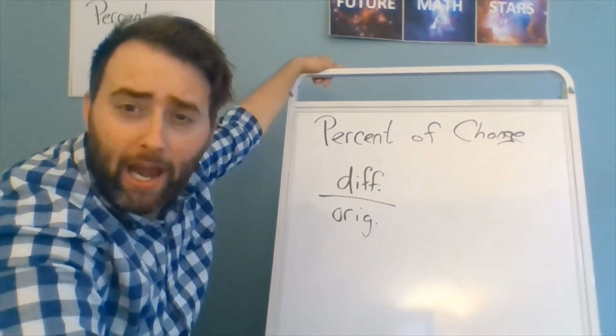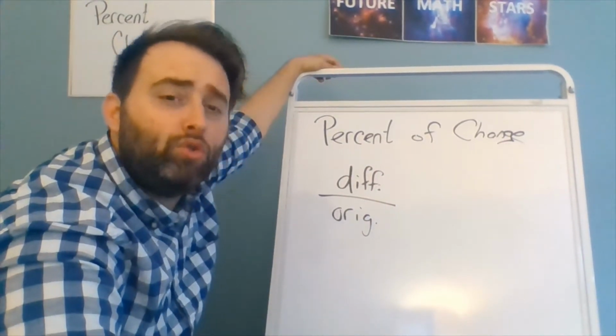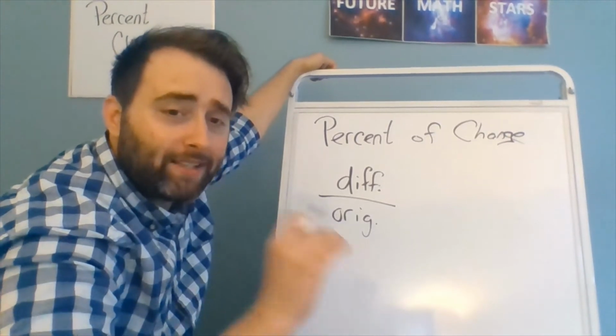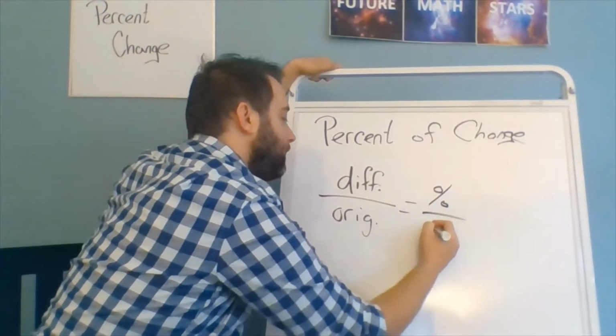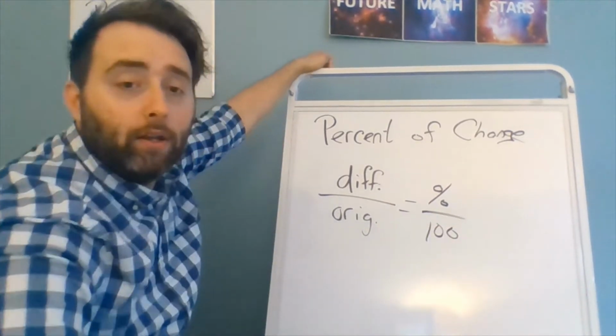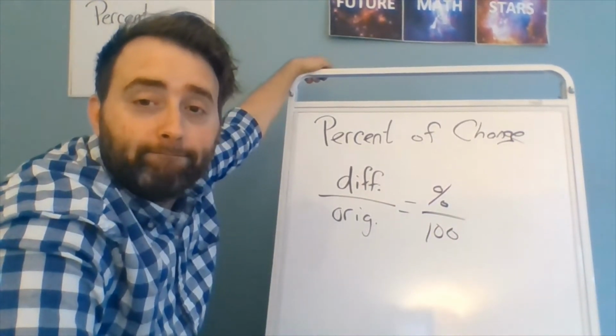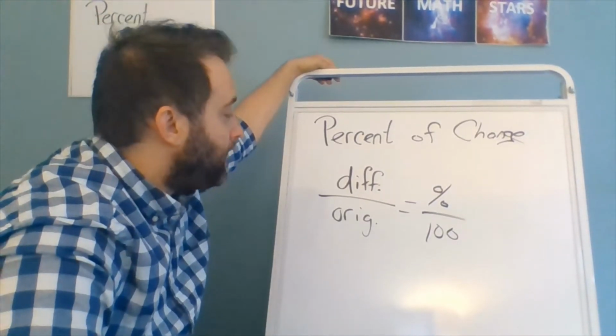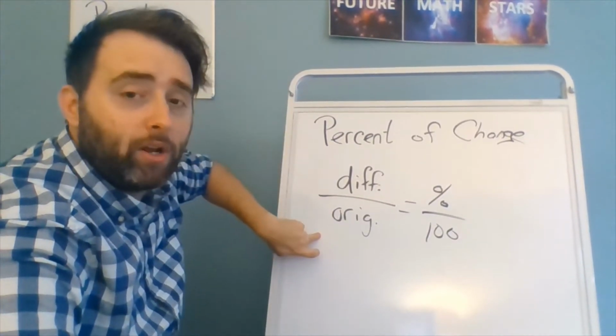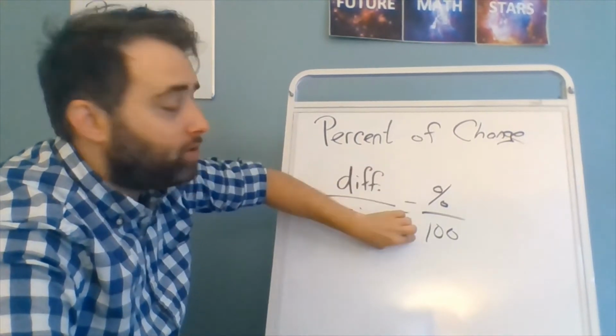Some people will say change. I like to say difference because you do want to subtract. So I always like to say difference over original equals percent over 100. And we know why. I don't feel like editing it in. There you go. Okay, so our formula for percent of change: difference over the original, percent over 100.